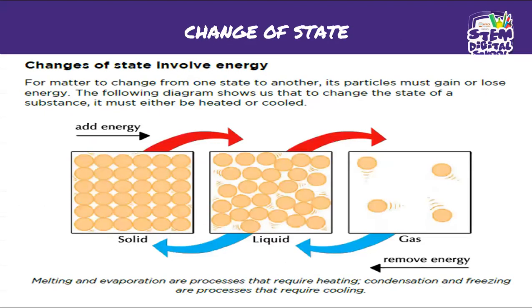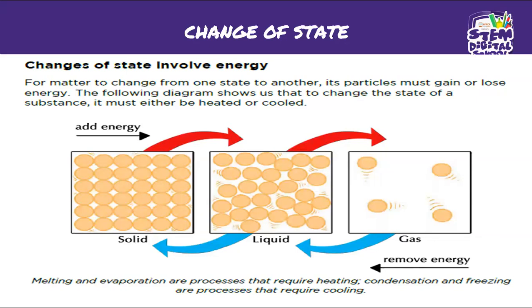Now let's look at the illustration of the change of state. Changes of state involve energy. For matter to change from one state to another, its particles must gain or lose energy. The following diagram shows us that to change the state of a substance, it must either be heated or cooled.